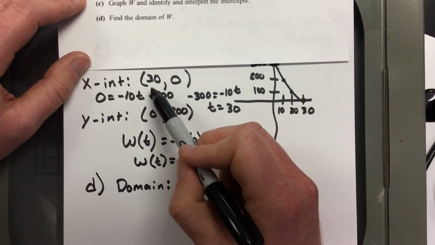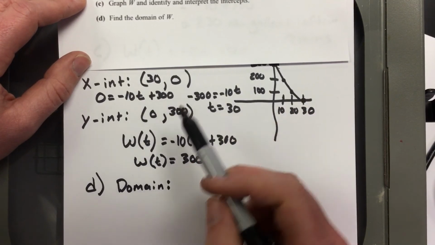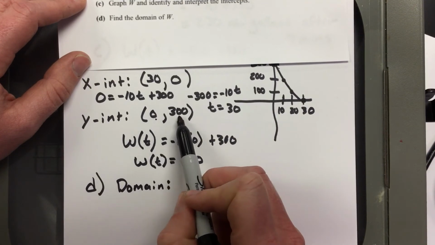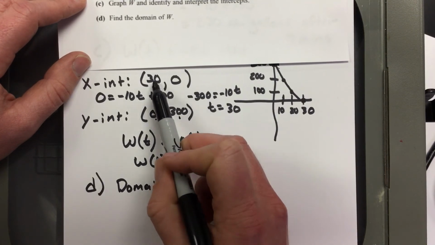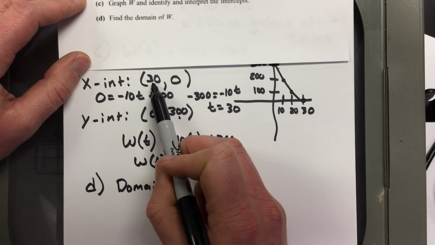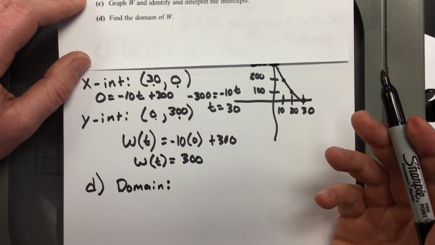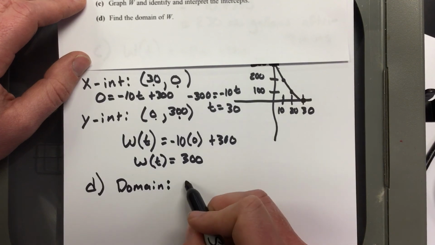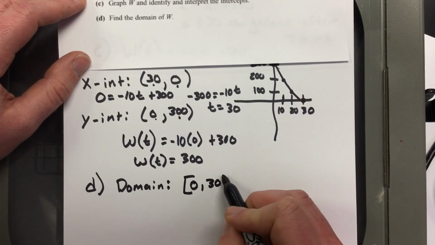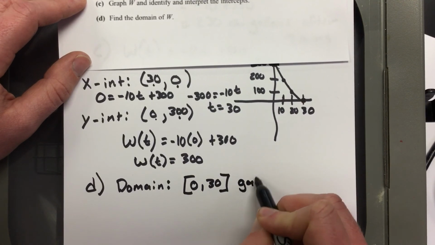The intercepts basically give that away. The y-intercept says we start at 0 minutes with 300 gallons in the tank. The x-intercept says that at 30 minutes we have 0 gallons in the tank. I can't go below 0 gallons in the tank. So my domain is going to be from 0 to 30 minutes.